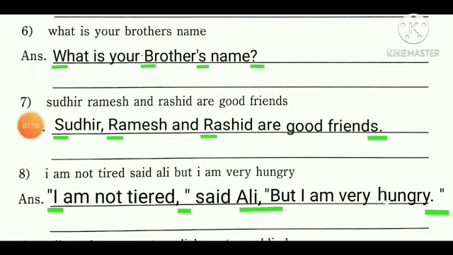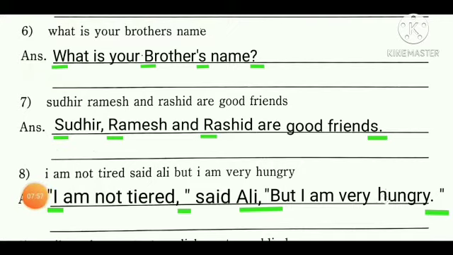Seventh number: Sudhir, Ramesh and Rashid are good friends. So Sudhir's S is capital, comma, Ramesh R capital, Rashid R capital, and at the end a full stop. With the commas, 5 changes are there.